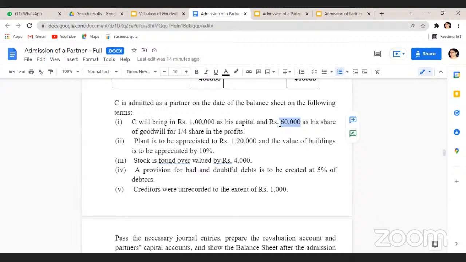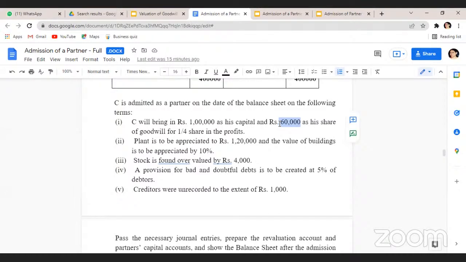I'll compensate to the extent of whatever you are sacrificing. So the compensation that is paid by the new partner to the old partners for sacrificing their share on admission of the new partner is called goodwill. Understood?